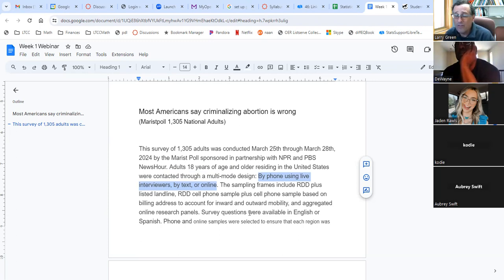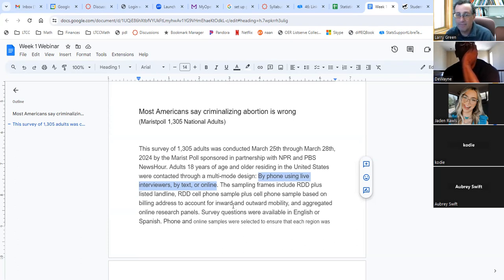So if you only do phone, there's all kinds of issues with people responding or not, and they call that voluntary response bias because you get to choose whether you want to answer or not. And those people who choose to answer are probably a different type of person when it comes to thinking about criminalizing abortion being wrong or not. So that would be biased, and it would be voluntary response bias.